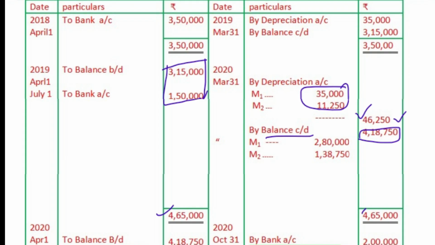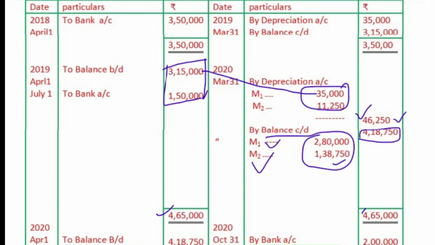Now in this 4,18,750, there are two machinery values. Machinery 1 value is 2,80,000 and machinery 2 value is 1,38,750. It is calculated in this manner: 3,15,000 minus first machinery depreciation 35,000, so the balance is 2,80,000.